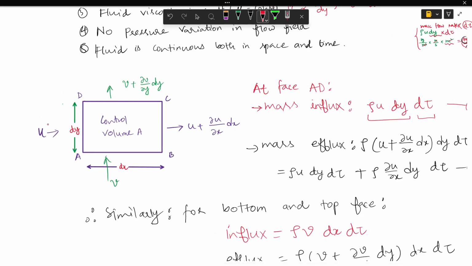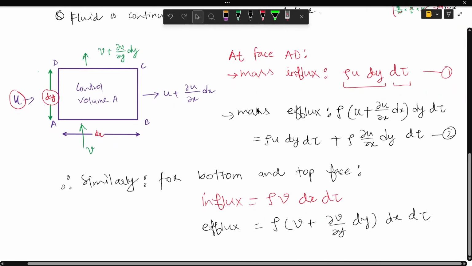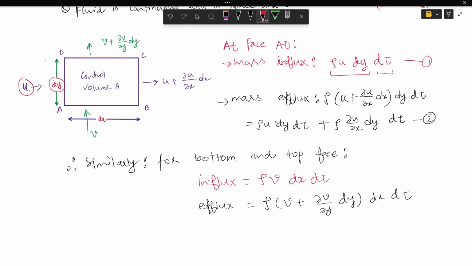See, from here the mass is entering, so it has some velocity which is u, and this rho is the density. dy. Why dy? Because this is dy, it has a certain area, and d tau is the time difference. Then if we want to talk about the mass efflux, the change in the mass, which is the output mass from the elementary control volume, elementary area.